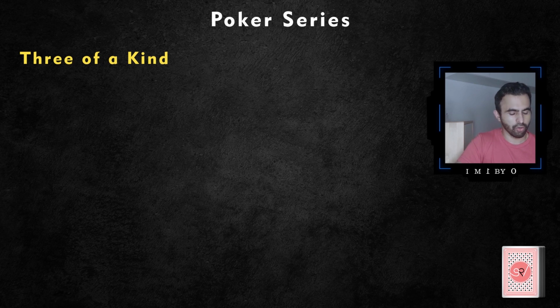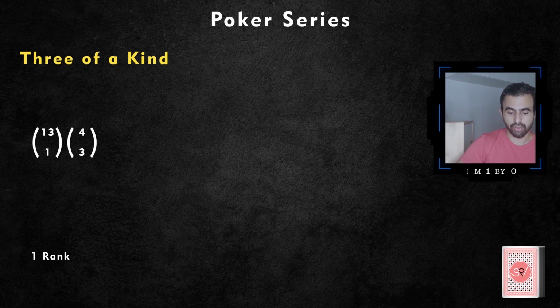So let's see, 3 of a kind. So in 3 of a kind, if you remember, I need to choose, it's 3 of a kind, right? Which means out of the 13 ranks, I need to choose one rank out of the 13 ranks. Once I choose that, I can choose from any of the 4 suits. I can choose 3.